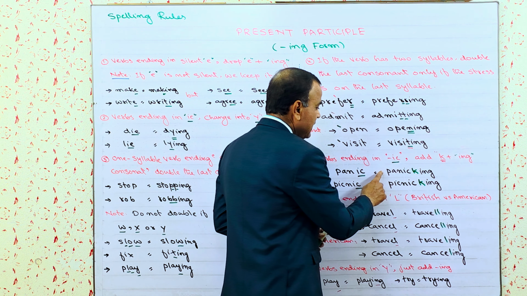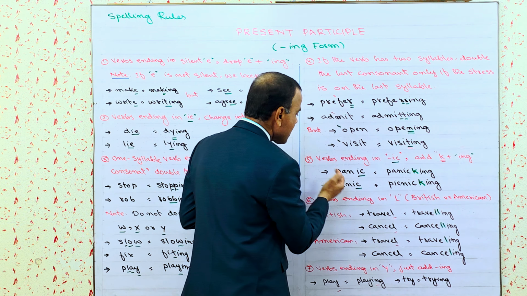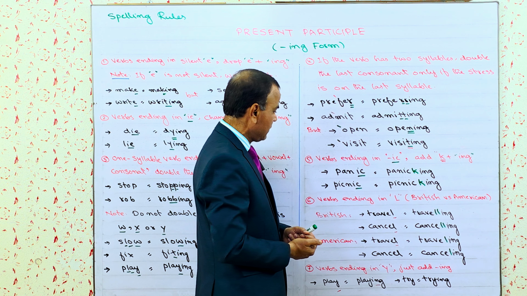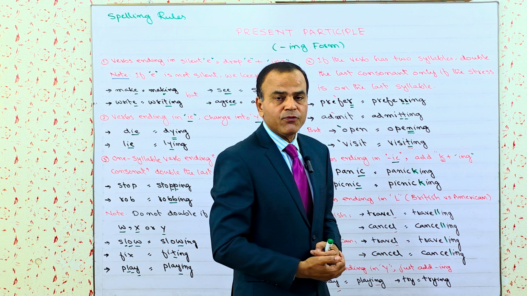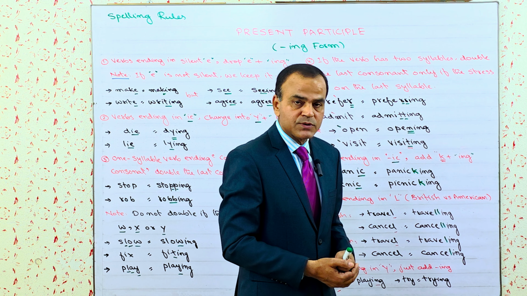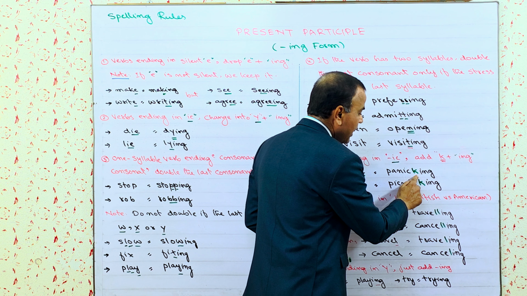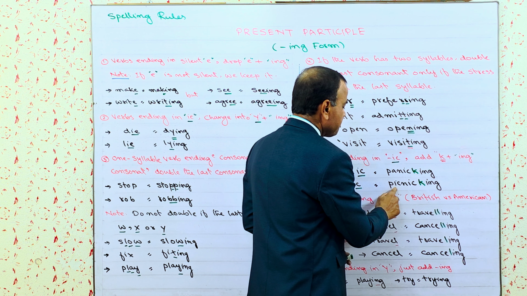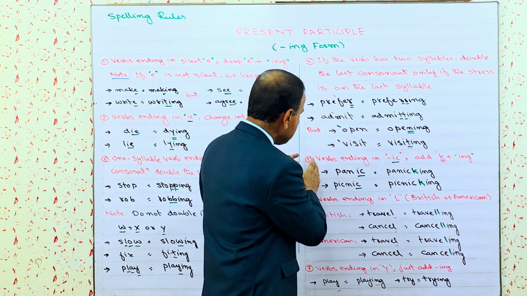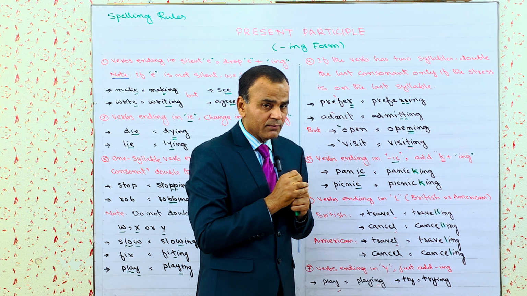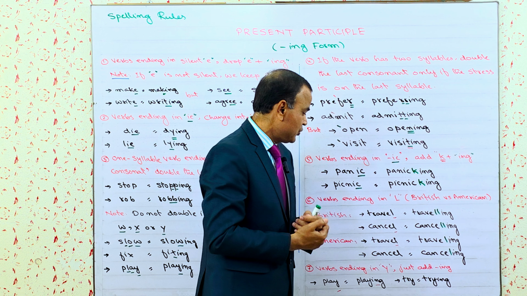So picnicking. K is not in the normal spelling of picnic or panic, but when we are making the ing form of such verbs, K comes, or we add K. So panicking, picnicking. So that is rule number 5: if the verb ends in IC, add K, then ing.